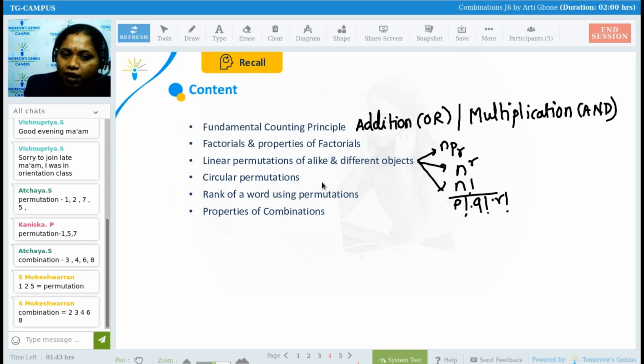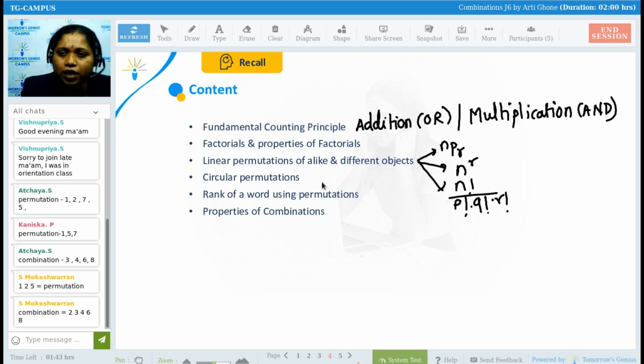Second kind is n objects are different but r is similar kind, means the repetition is allowed case. Clear? When the repetition is allowed, then n raised to power r is the permutation. And the third one is some p units are equal, q units are equal, like 5 books of history, 4 books of maths, 3 books of science. So we have same units p, q, r.